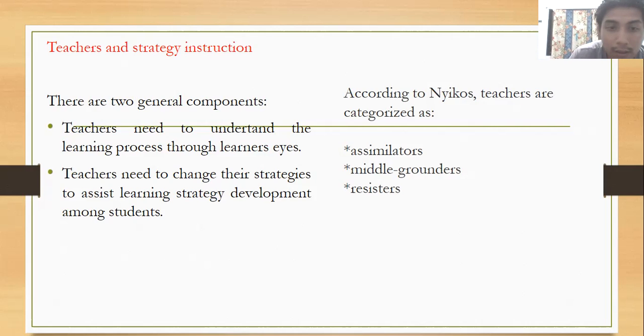So, first, teachers need to understand the learning process through the learner's eyes, as it says here, and they need to think as if they were students.